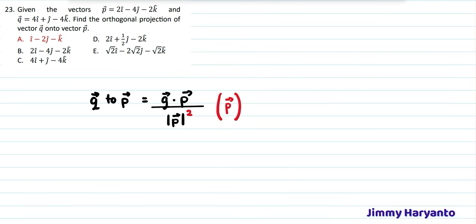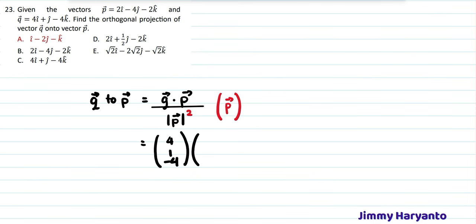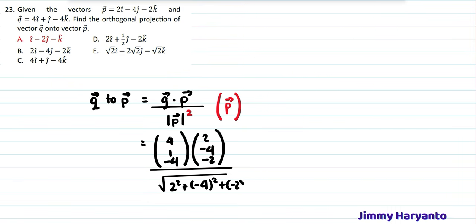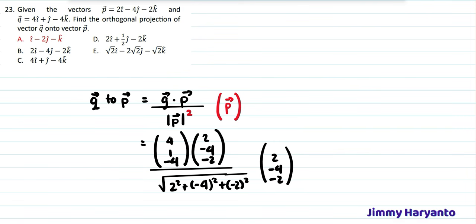Yeah, so don't forget to memorize the formula. Equals to Q is for 1, negative 4, and then P is 2, negative 4 and negative 2 over the magnitude of P is square root of 2 square plus negative 4 square plus negative 2 square, like this. And then you times it with the P, 2, negative 4, negative 2.